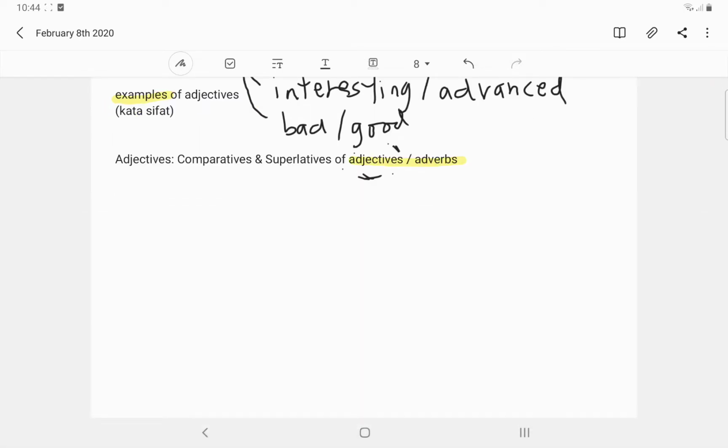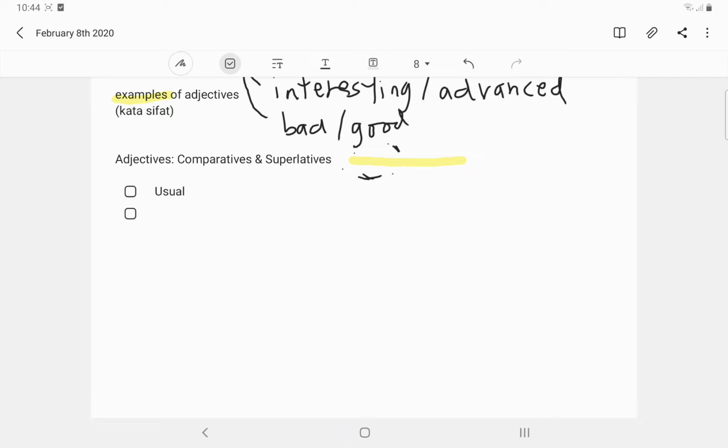So, untuk adjectives, comparative, and also the superlative, kita ada 3 jenis. Jenis yang pertama I panggil as the usual one.